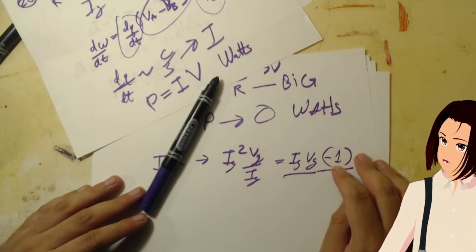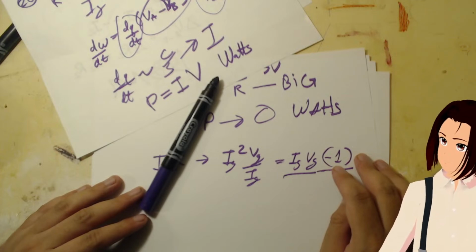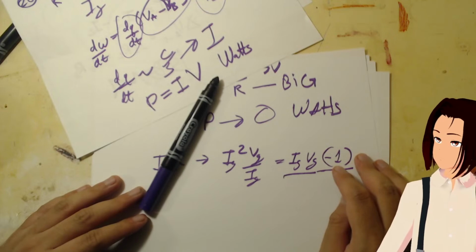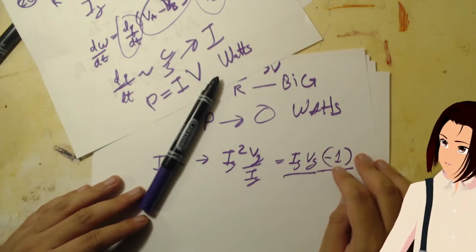Those things are very important. We have to know Kirchhoff's laws, but that'll be done later. We can do a lot of circuit analysis with those tools, and that will be in the next one. But now you know about Ohm's law. You know how the magic works.